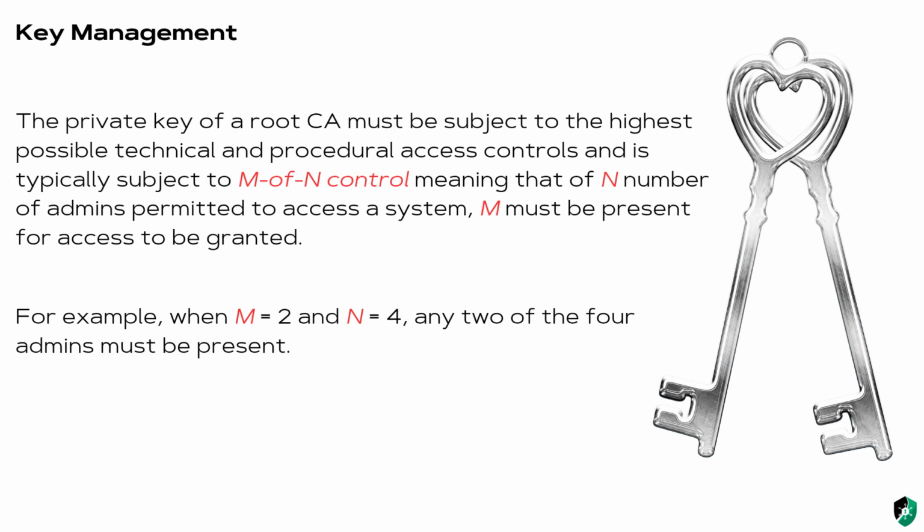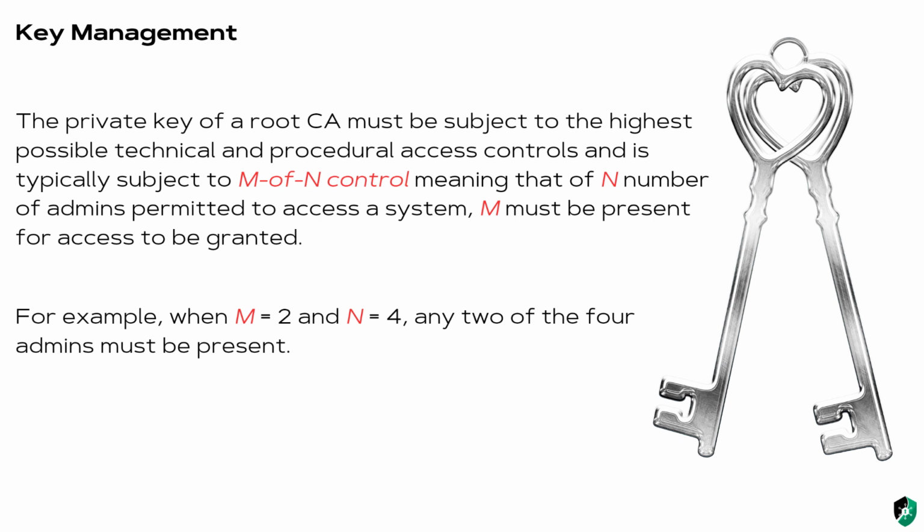Now, the private key of a root certificate authority must be subject to the highest possible technical and procedural access controls, and it's typically subject to something known as the M of N control.